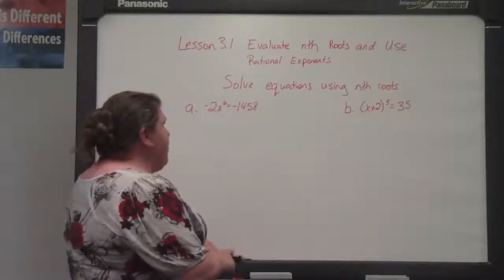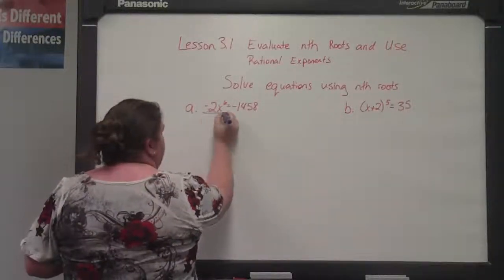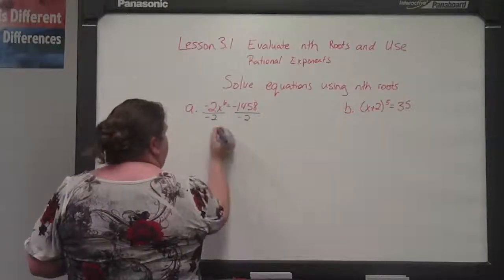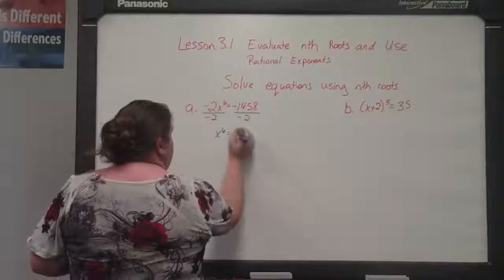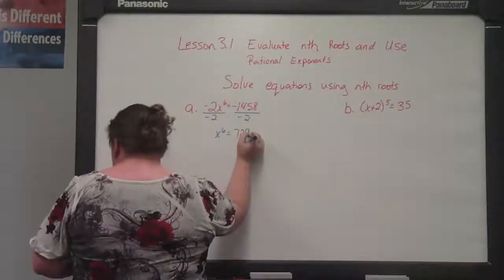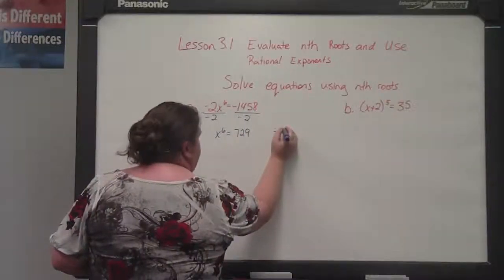So the first thing we need to do is divide both sides by negative 2, which gives me x to the 6th equal to 729.